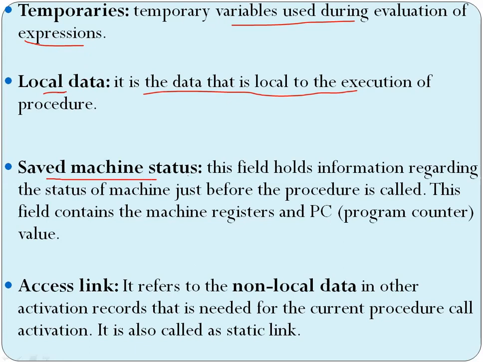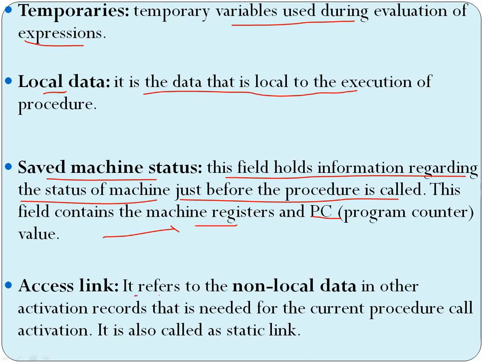Next, saved machine status. This field holds information regarding the status of the machine just before the procedure is called, so that after completion of this function it can go back to the previous state. This field contains the machine registers and program counter value.